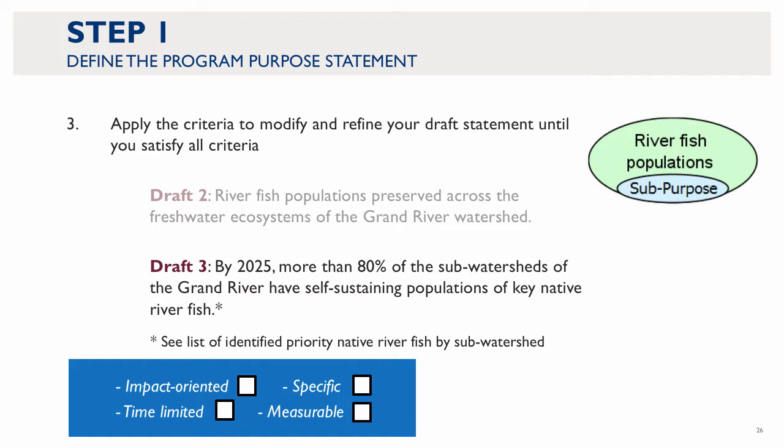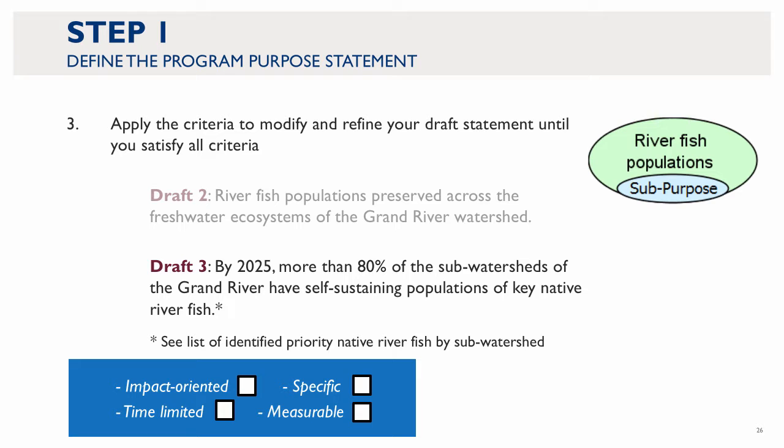A third draft might read, by 2025, more than 80% of the sub-watersheds of the Grand River have self-sustaining populations of key native river fish. Notice the asterisk on this statement. The team mentions that they have a list of identified priority native river fish by sub-watershed. Using asterisks can be a useful way of keeping your statement easier to follow and referring people to supporting information.